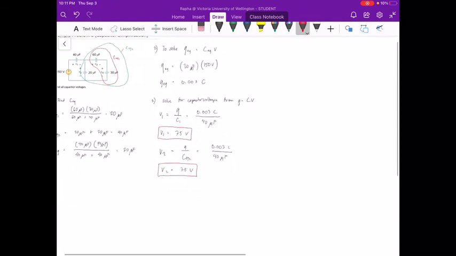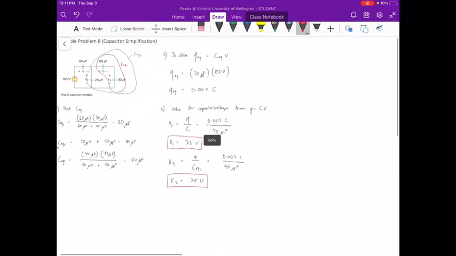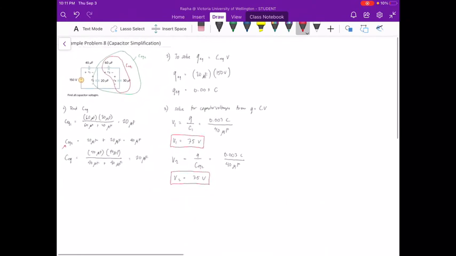Now, moving on to V3 and V4, we can look at expanding the capacitor network again.